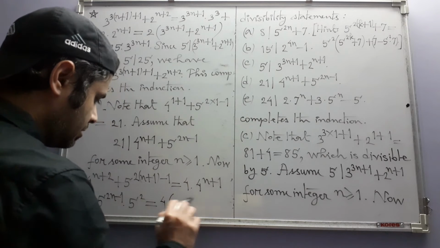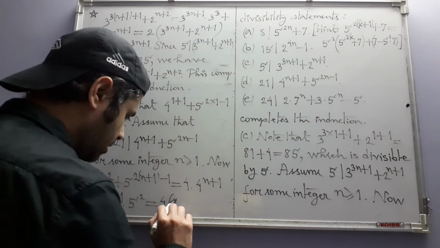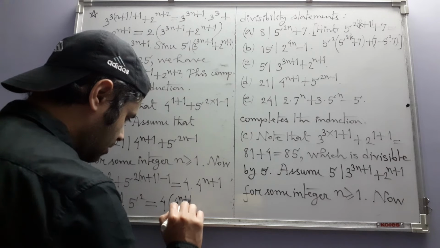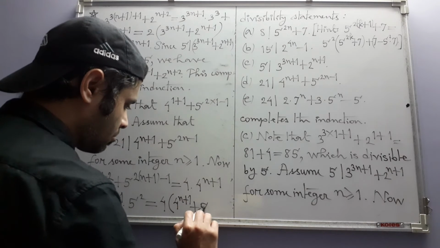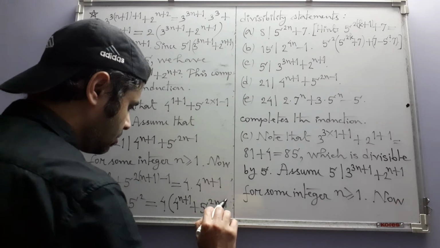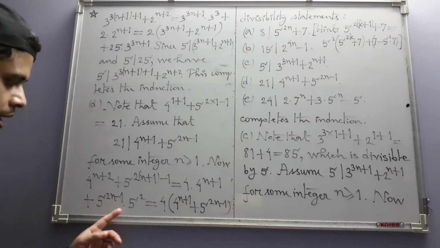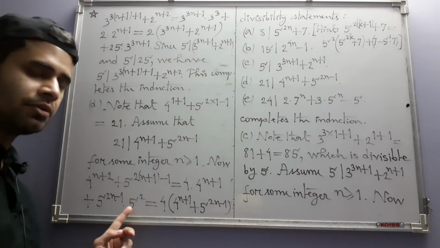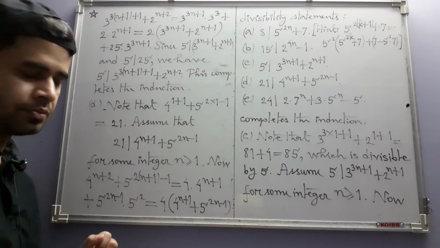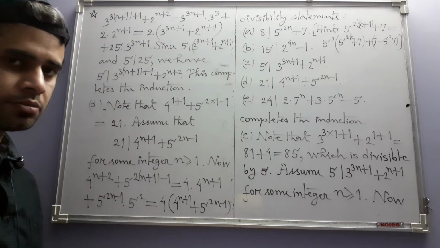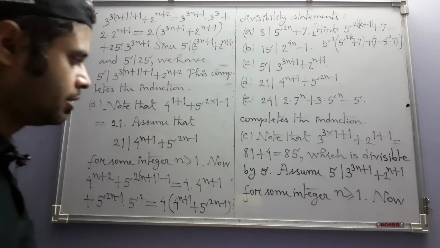Note that you can write this sum as 4 times 4 to the power n plus 1 plus 5 to the power 2n minus 1. So out of that 25 number of 5 to the power 2n minus 1, we have taken 4 here. So the rest of the 21 are still there.